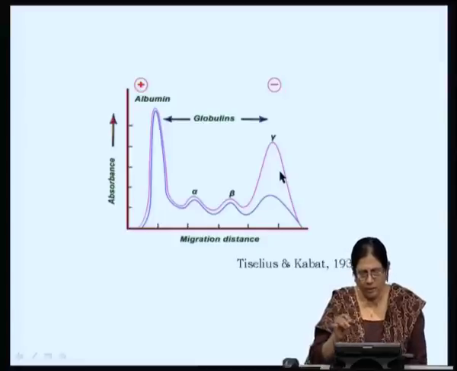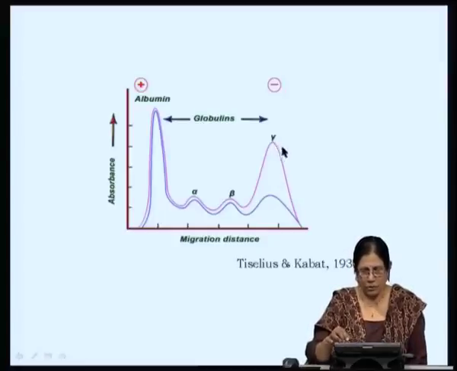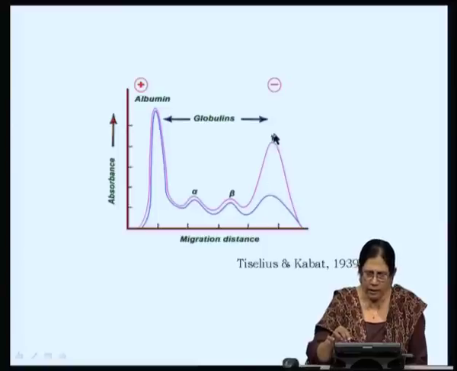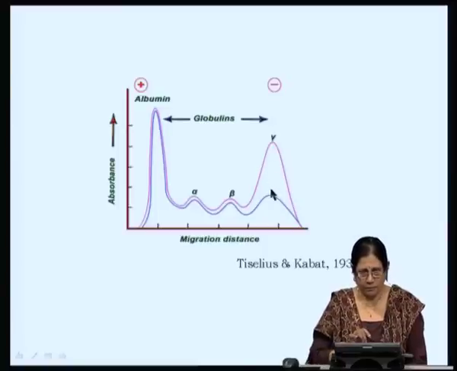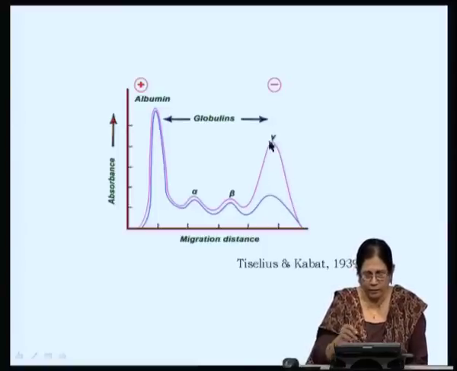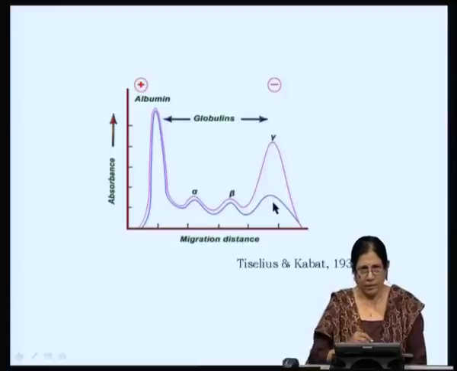What could be seen very clearly is that in the aliquot which showed precipitate on adding the antigen, there was a decrease only in the gamma globulin fraction. You can see the decrease.